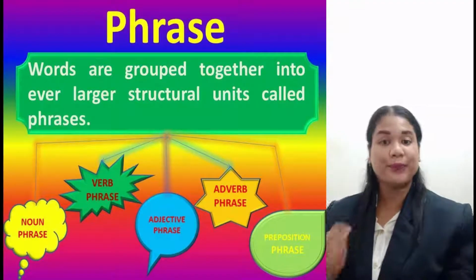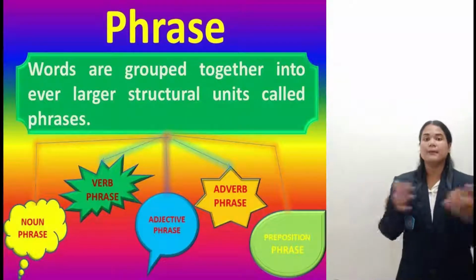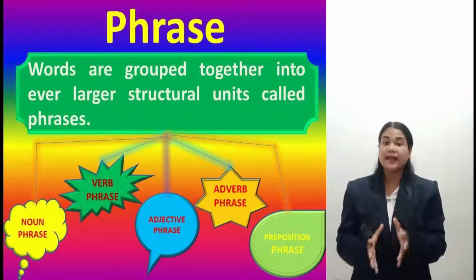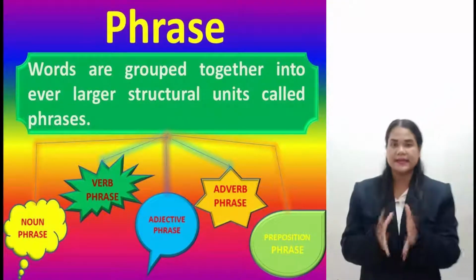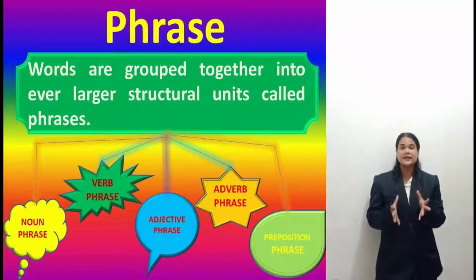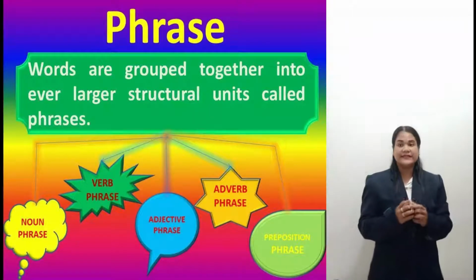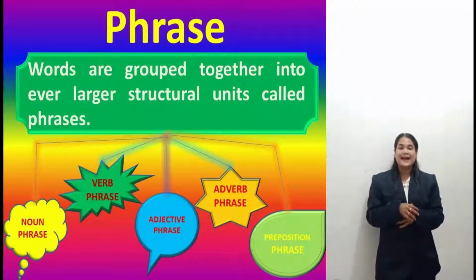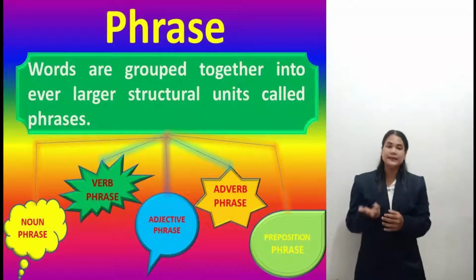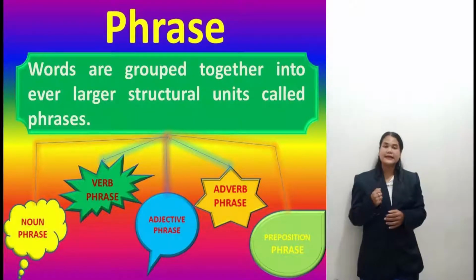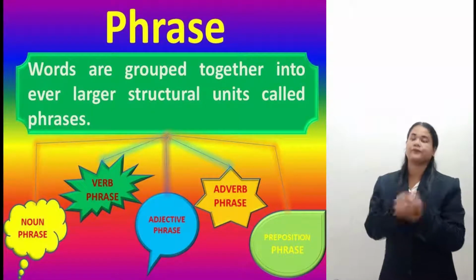That's about noun phrase. Next, about verb phrase. A verb phrase is a syntactic unit consisting of an auxiliary verb preceding the main verb. It often contains a head verb, complement, object, and modifier as it depends.